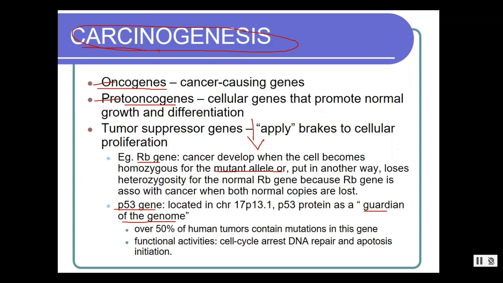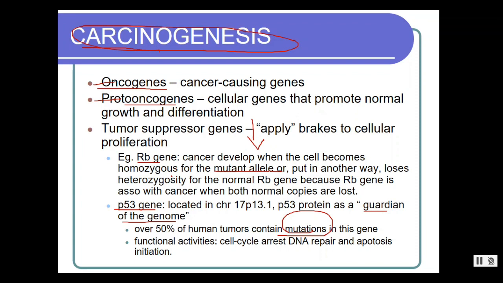What are examples of tumor suppressor genes? You have the RB gene, which is noted to be mutant in tumors, and the P53 gene, which is the guardian of the genome, and it's noted that these two are mutated in tumors. So if the tumor suppressor genes are mutated, they cannot function as brakes to cellular proliferation.